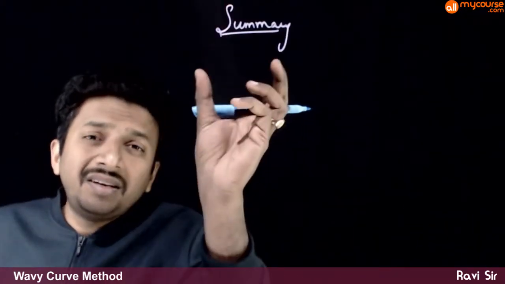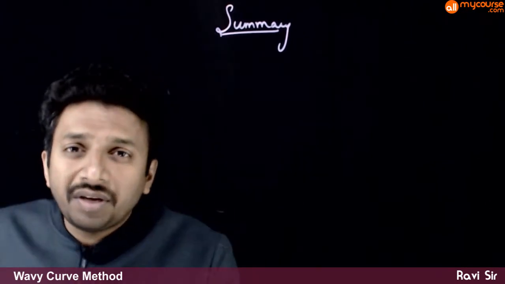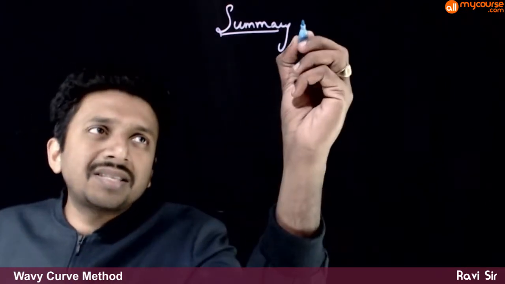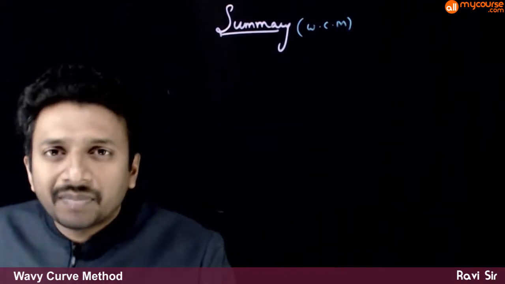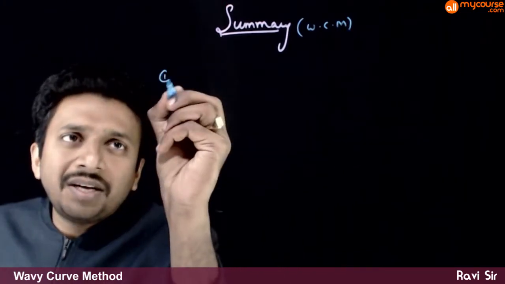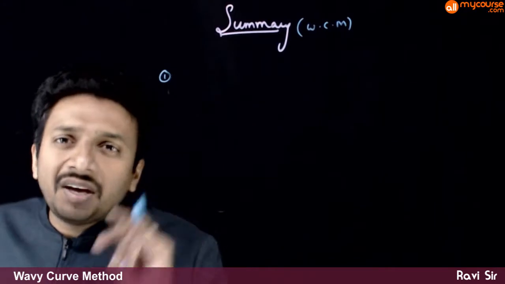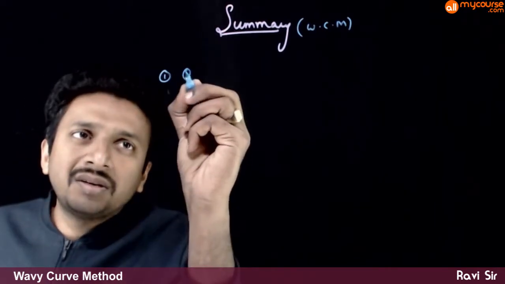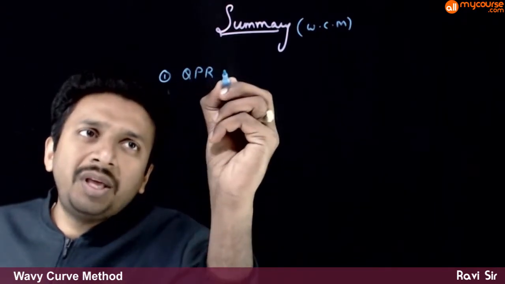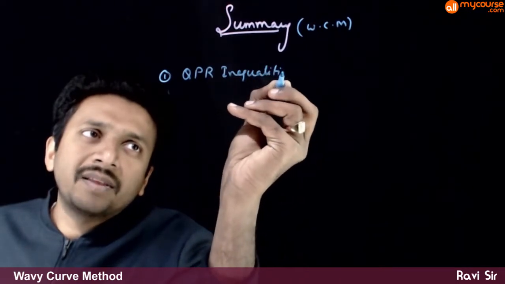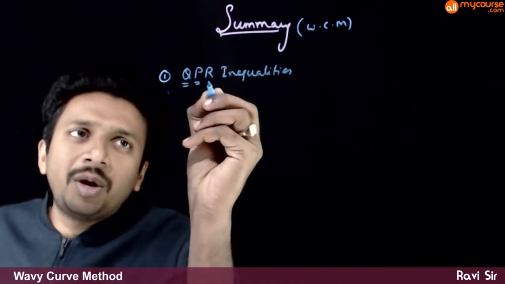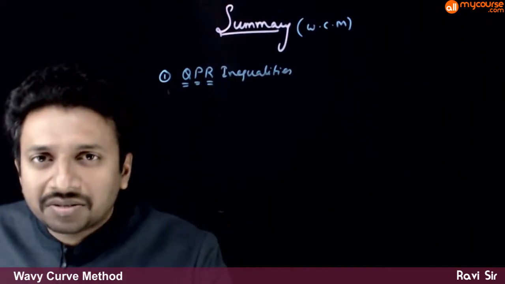So now that you have seen the different situations where wavy curve can be used, let us summarize the wavy curve method. So first thing that you need to understand is wavy curve method can be used for QPR inequalities. That is quadratic, polynomial and rational inequalities.